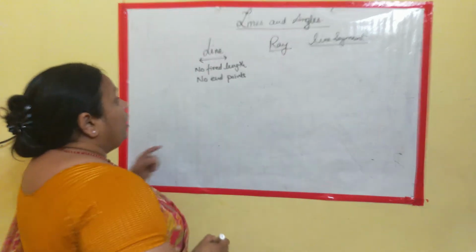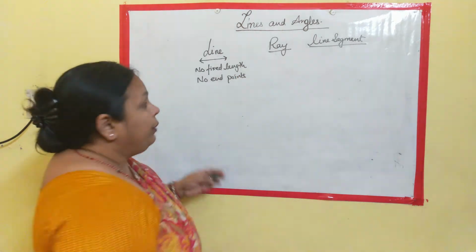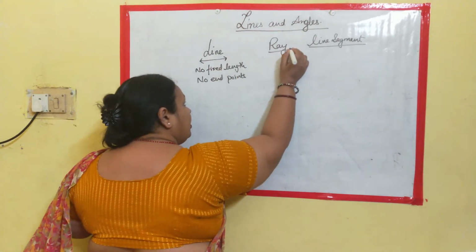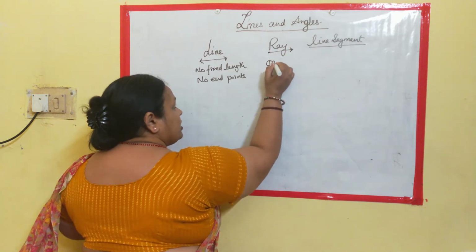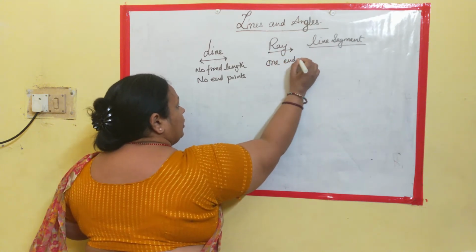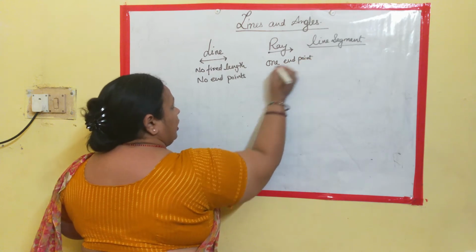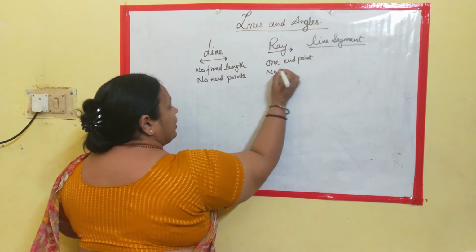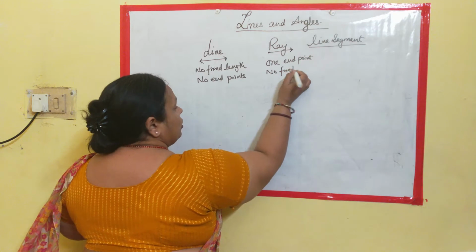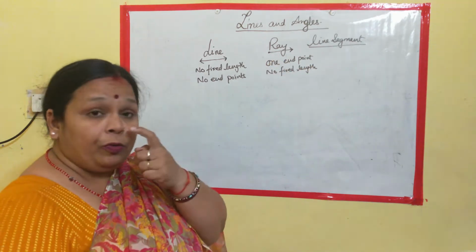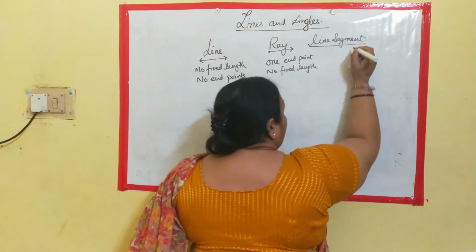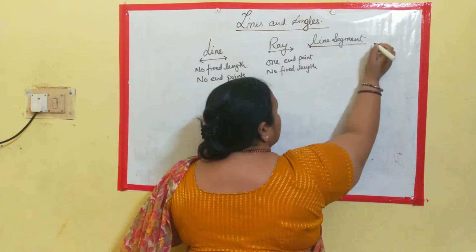Clear? Moving forward, for ray, the representation is something like this. It has one end point and no fixed length. Even this has no fixed length. When we talk of line segment, the representation is 2 end points.